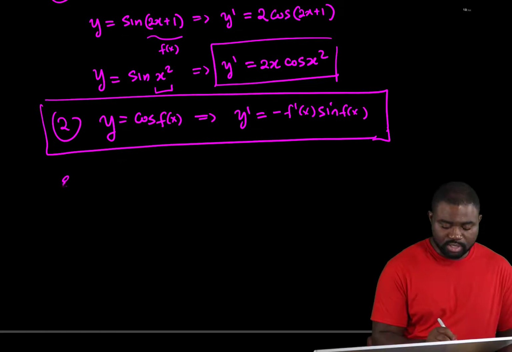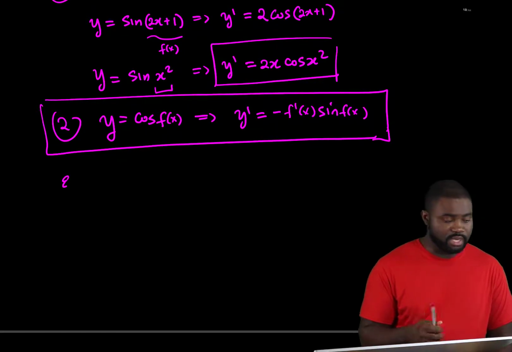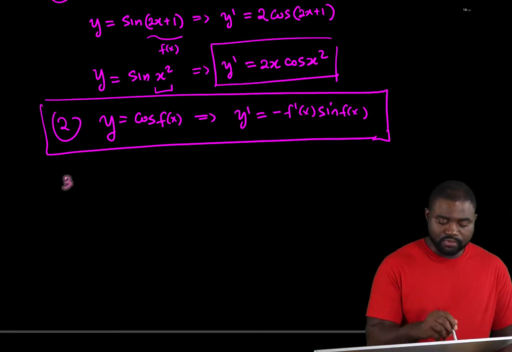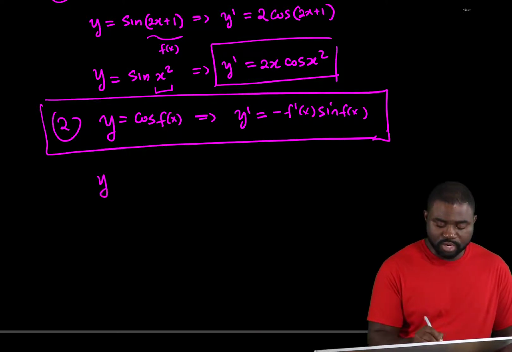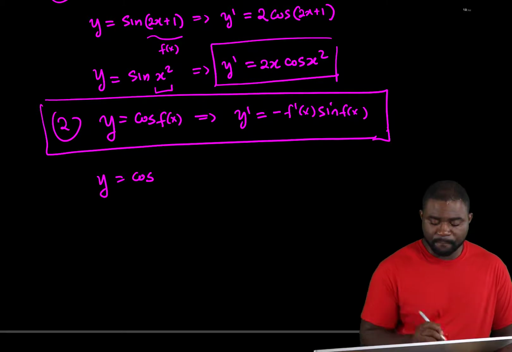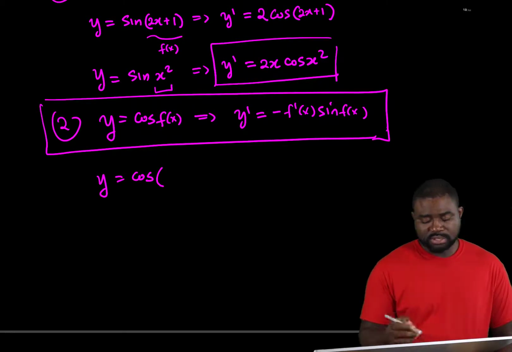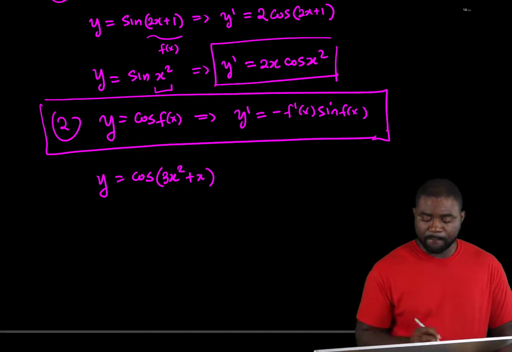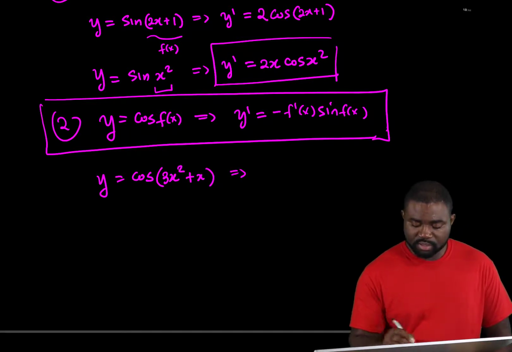So let me do another example. Similarly, let me do an example before we proceed. y is equal to cosine of 3x squared plus x.